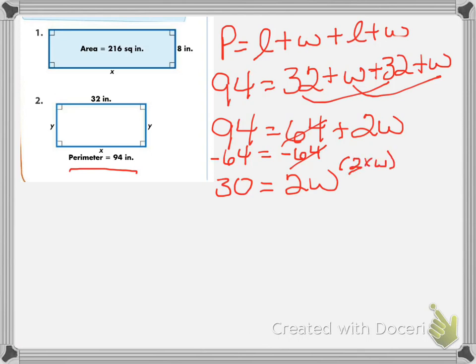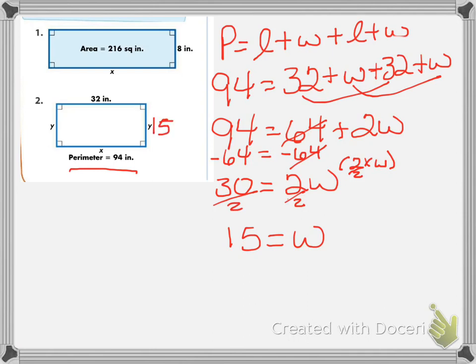And so if it's times, I can divide it. So I'll divide by 2, divide by 2. And what is 30 divided by 2? That's one you should be able to work in your head. You shouldn't have to think about it. 30 divided by 2 is 15. So W equals 15. So this side right here is 15.